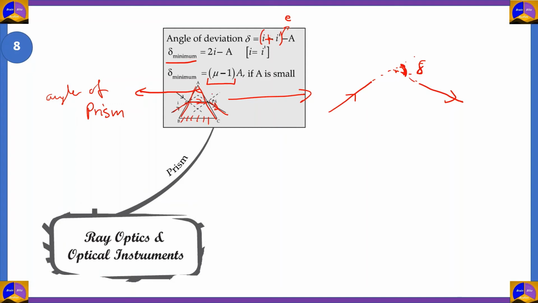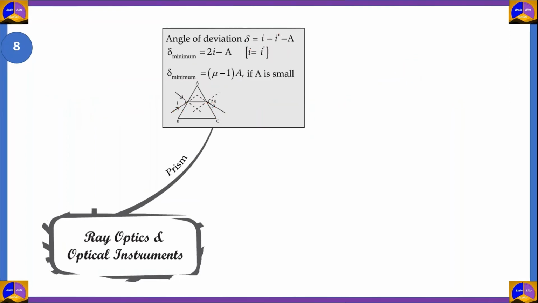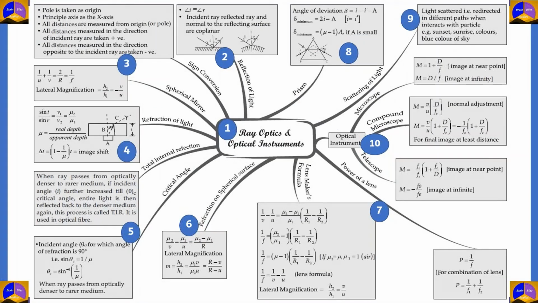That means if you have a thin prism, then you can write the angle of minimum deviation as the refractive index minus 1 times A. That completes the prism, and how we find the angle of deviation and the angle of prism in a triangular prism.